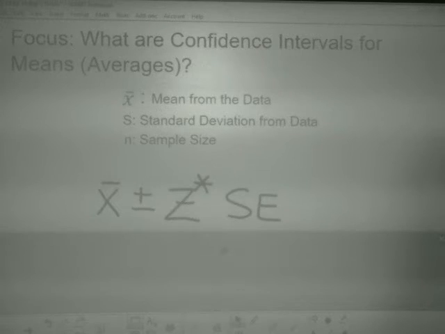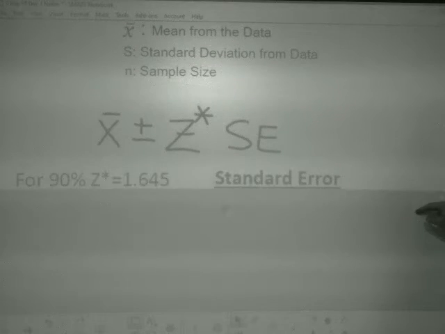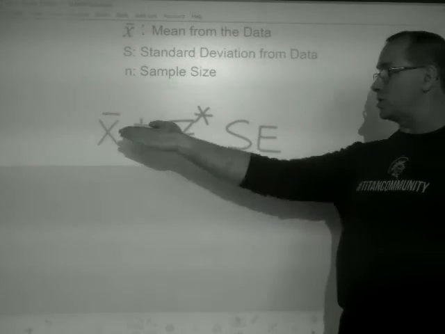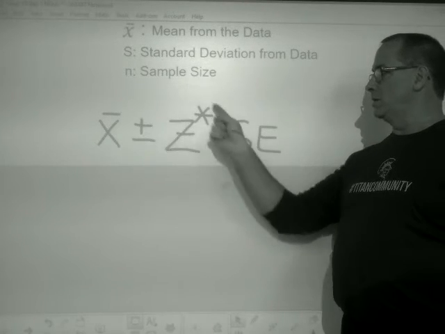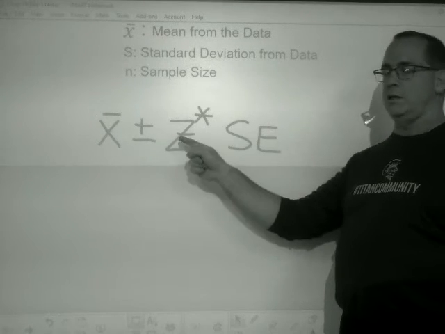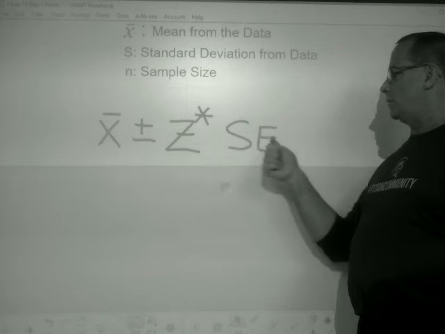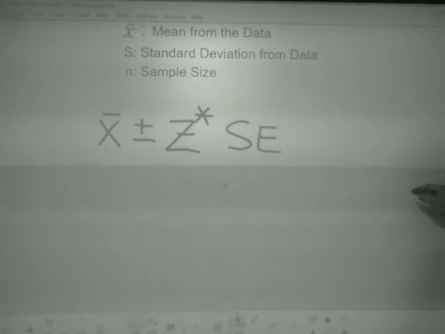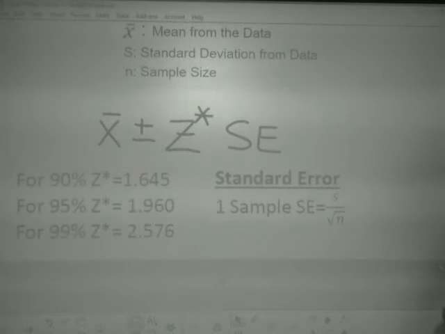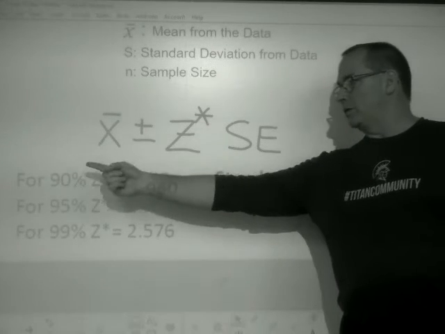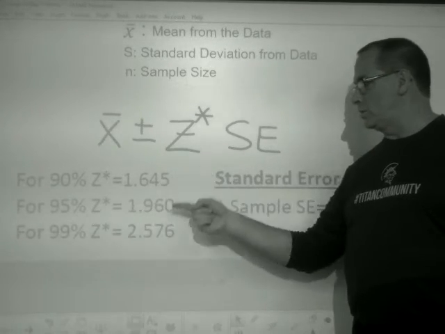The general formula that we use is X bar plus or minus Z star, a certain number of standard deviations, times our standard error. I go back to the formula sheet and copy down the pieces. Z star, depending on whether it's 90, 95, or 99, we use these values.